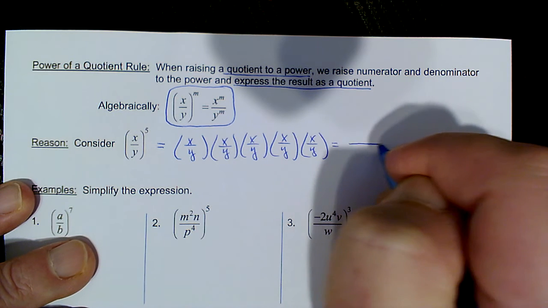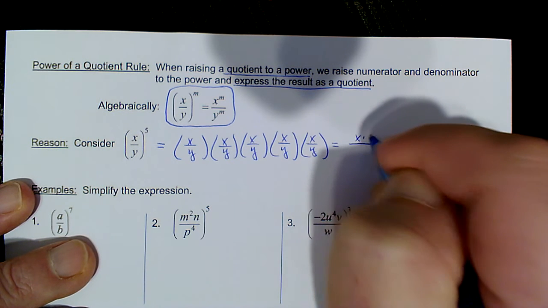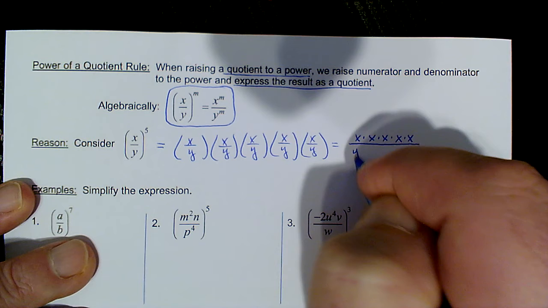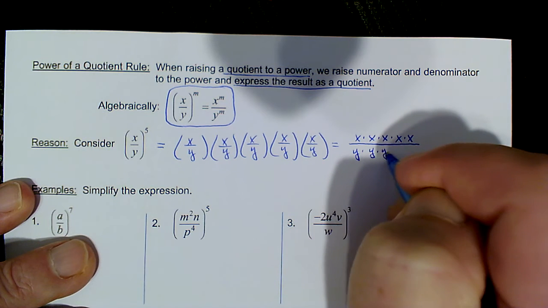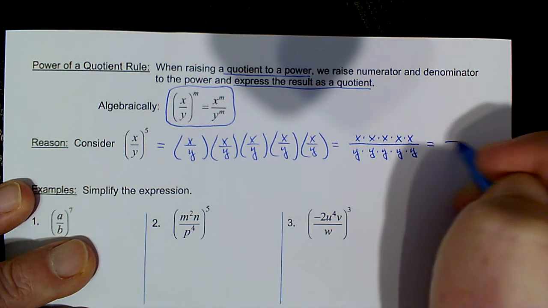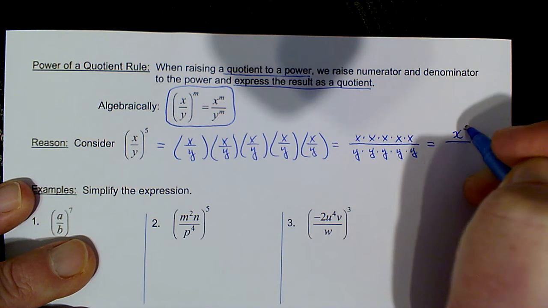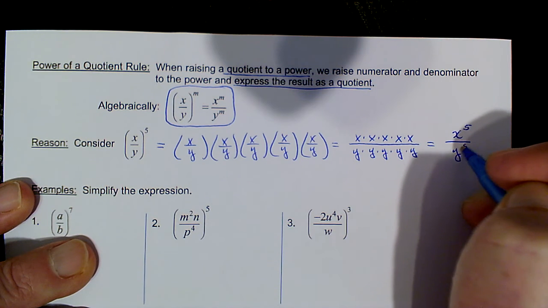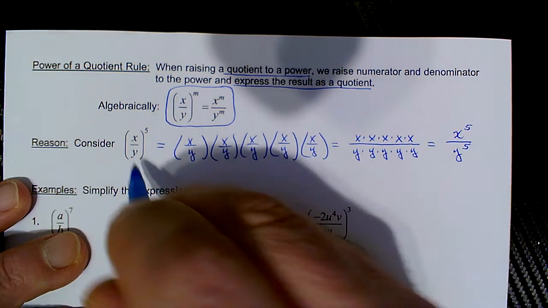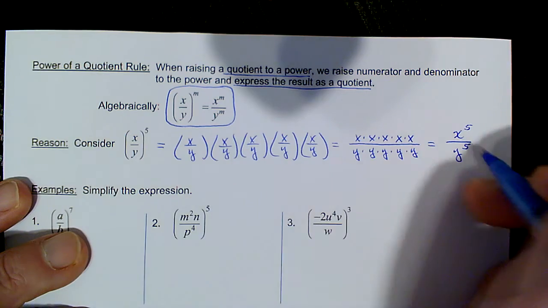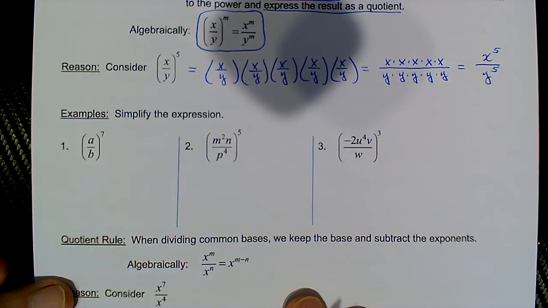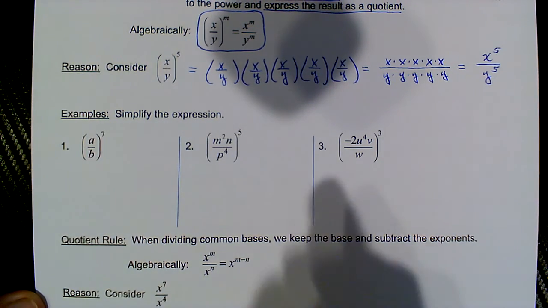Which we could then express as a single quotient, 5 factors of x over 5 factors of y, which in shorthand is x to the fifth over y to the fifth. So you can see the numerator was raised to the power, the denominator was raised to the power, and it was kept as a quotient. So I'm going to show the intermediate steps here.